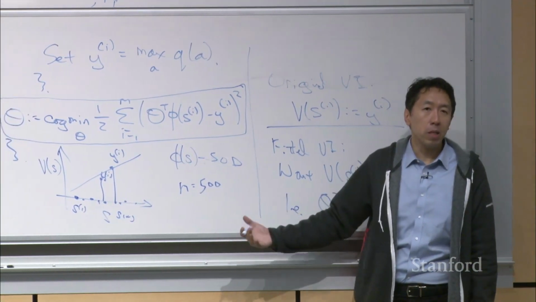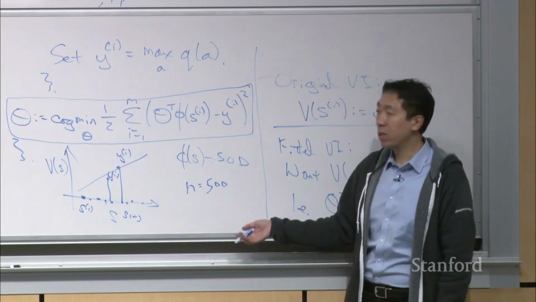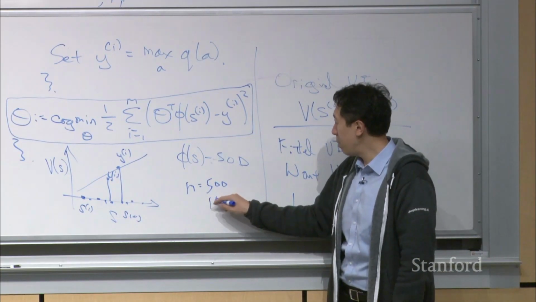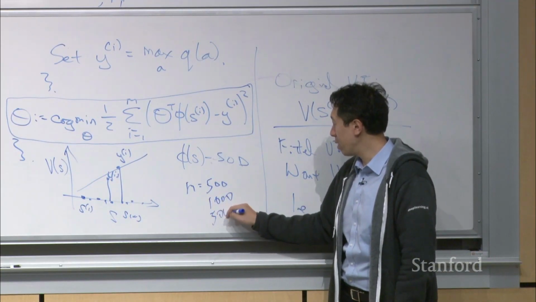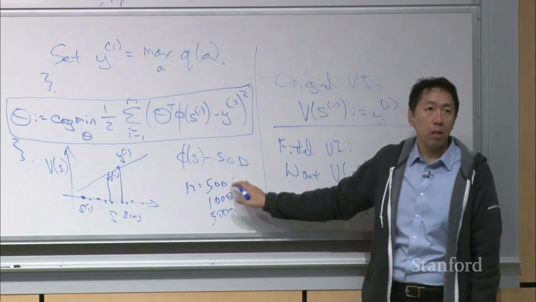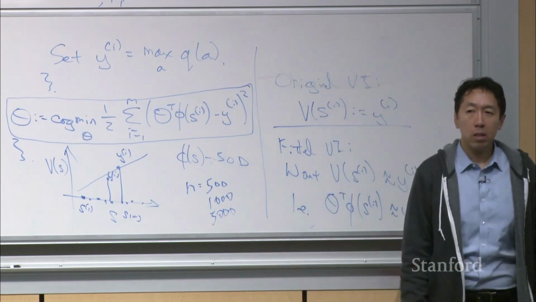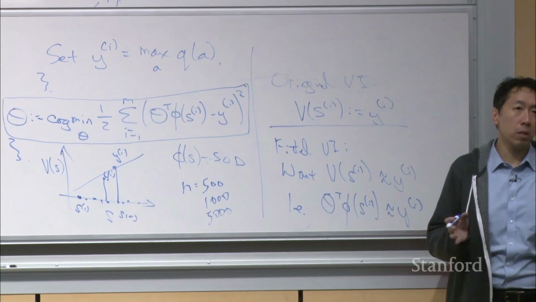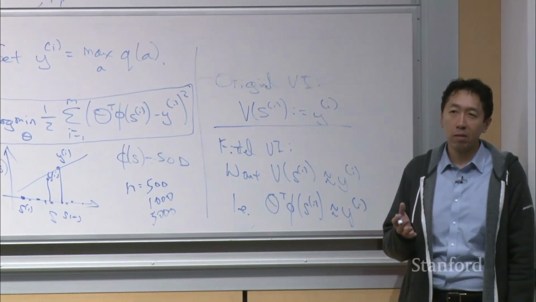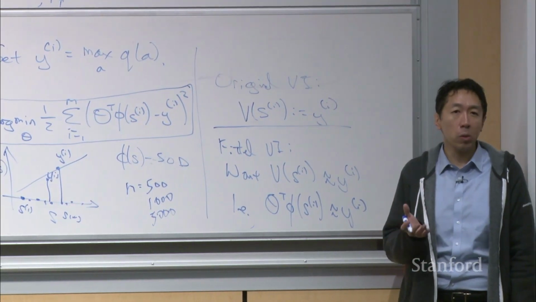But for computational reasons, if it doesn't run too slowly to set M equals 1,000 or even 5,000, then there's no harm to letting M be bigger. So usually M, you might as well set to be as big as you feel like, subject to the program not taking too long to run.